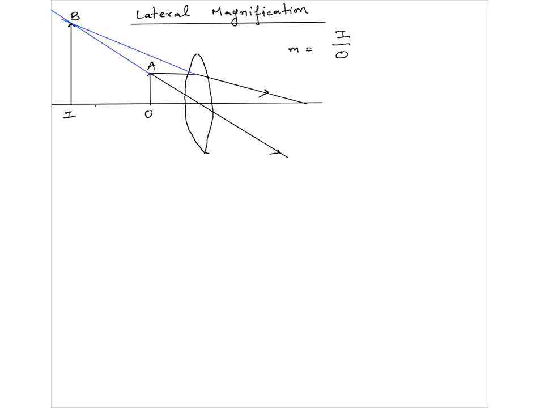Let me delete I and O. Let's say this is AB, this is A dash B dash. That is P.